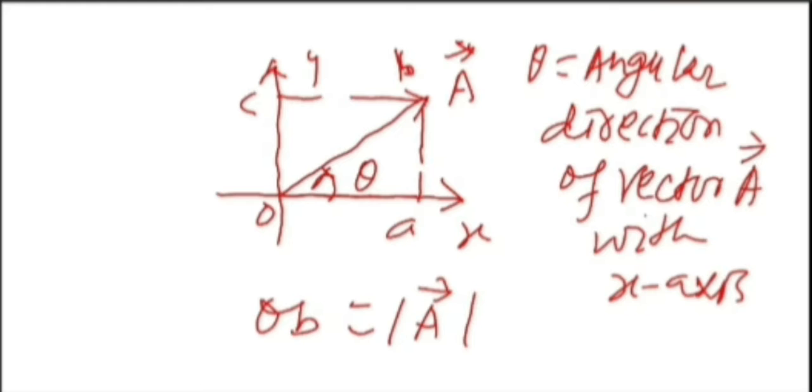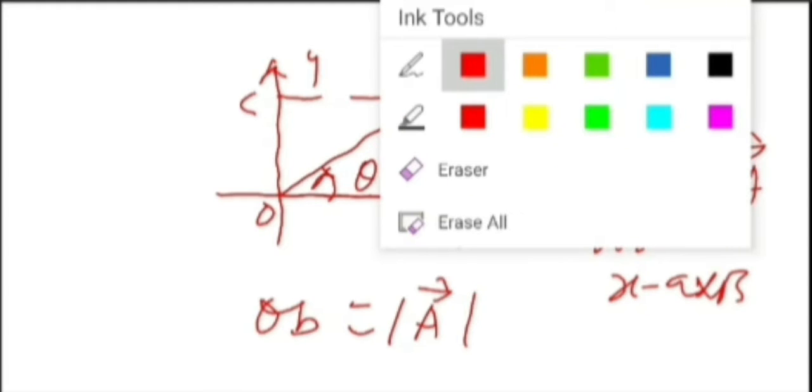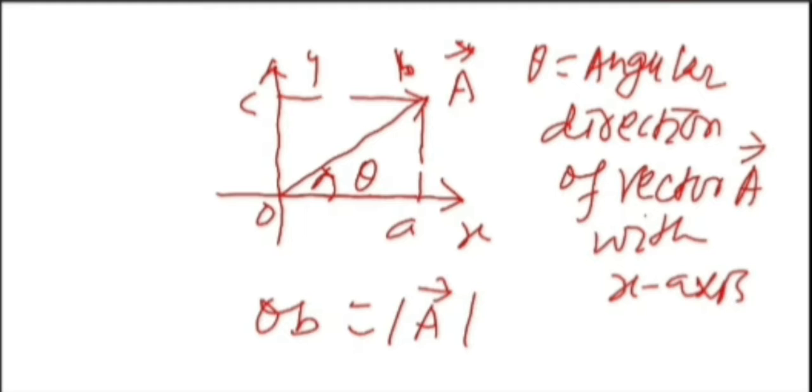OA will be the component of vector A along the x-axis, so this will be called the horizontal component of vector A. OA equals Ax and OC equals Ay.